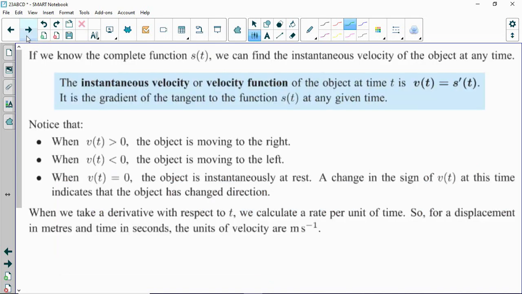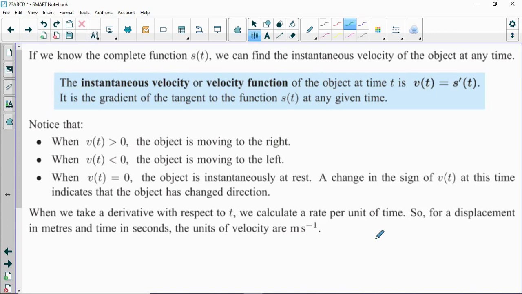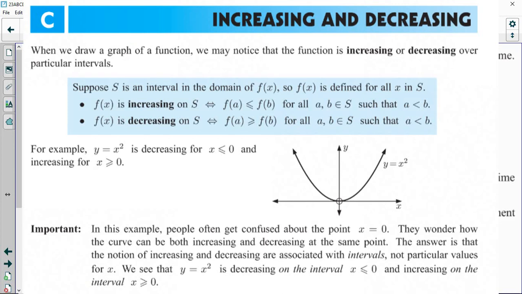We will interpret a positive velocity to mean the object is moving to the right or up, negative that it's moving left or down, zero meaning that it is instantaneously at rest. Now, if you've really been paying attention, then it might seem that the textbook is contradicting itself, because back in chapter 18, section C, it said that a function can only be increasing or decreasing on an interval, not at a particular instant.